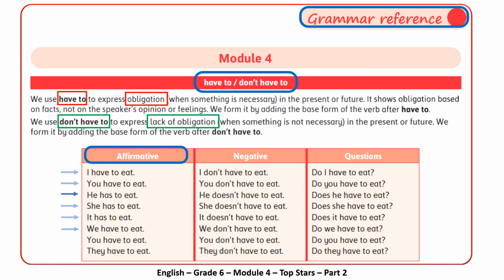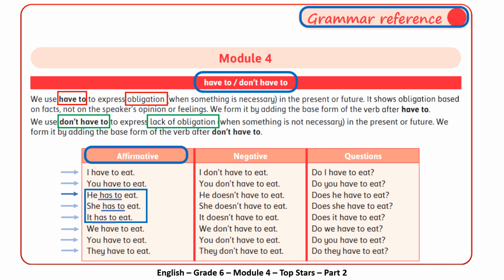We have to eat. You have to eat. And the last one, they have to eat. Have you noticed that in these three sentences, we used has to? Good. So we use has to instead of have to if the subject is he, she, or it.